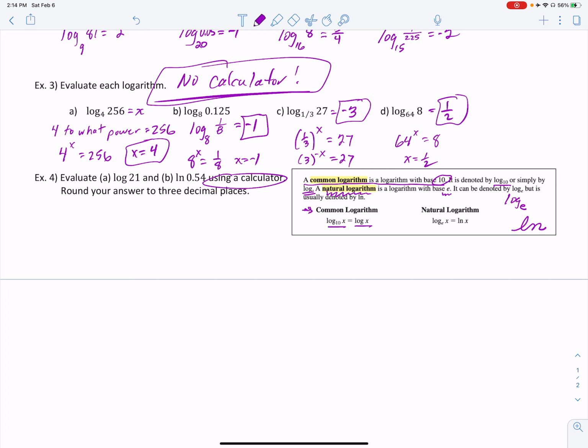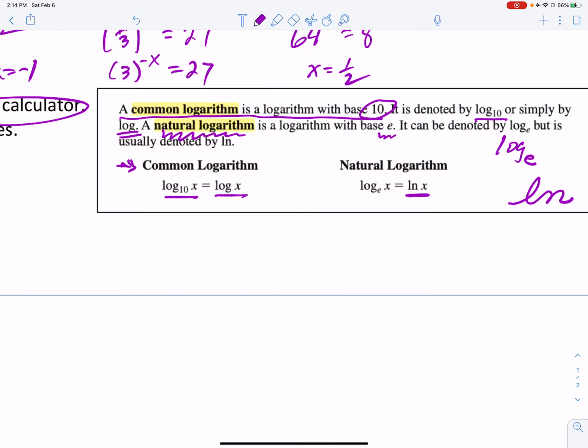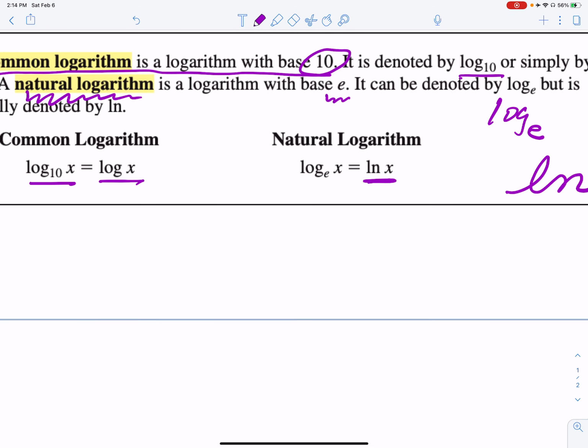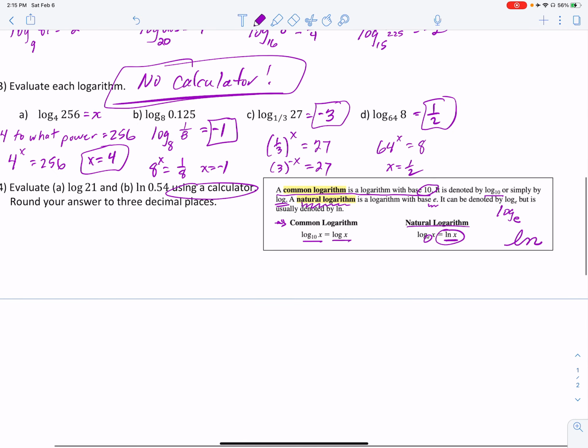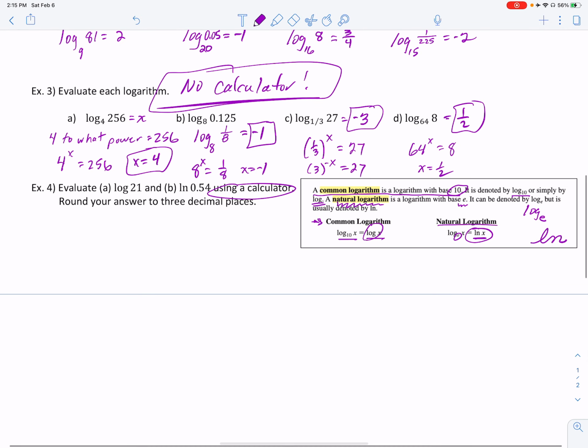And so this right here, that is not an I or a 1, it's an L. And natural logarithm, when I know the base is e, we write it like this. And when you move up in math, that's our go-to, is use natural logarithms with a base of e. So you will see in your calculator log and natural log, ln.